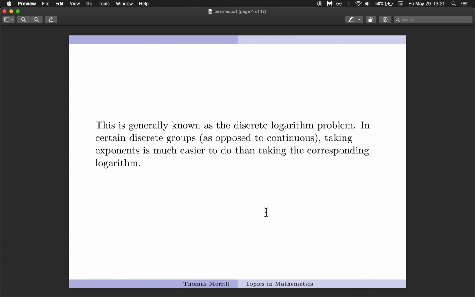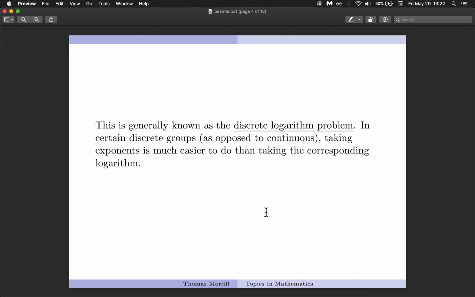This idea also happens in other kinds of groups, right? Integers mod p is just one kind of group amongst many. And the big takeaway for this part of the lecture is that the elliptic curve groups also have this property.